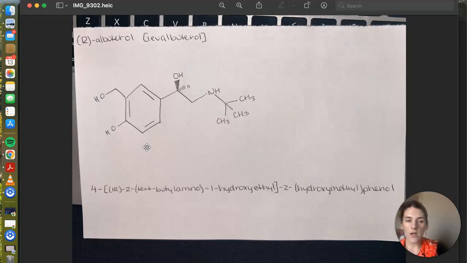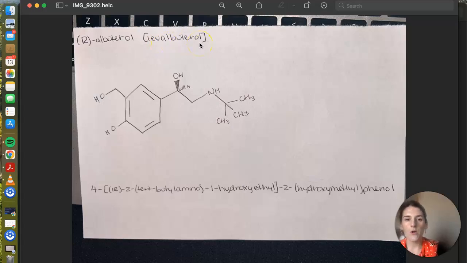As far as other isomers for this molecule, there theoretically can be constitutional isomers. However, we do not use any of those in the medical setting. And then since it only has 1 chiral center, it does not have any diastereomers. In this picture, you can see that this is our R-albuterol, or in medication name, it is our levoalbuterol.